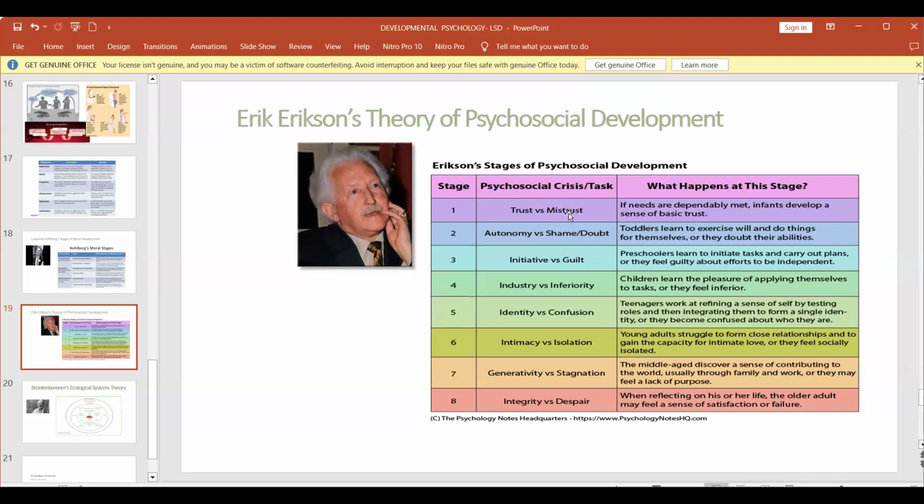So accordingly, he names the 8 stages. The 8 stages are trust versus mistrust, autonomy versus shame and doubt, initiative versus guilt, industry versus inferiority, identity versus confusion, intimacy versus isolation, generativity versus stagnation, integrity versus despair. Right?